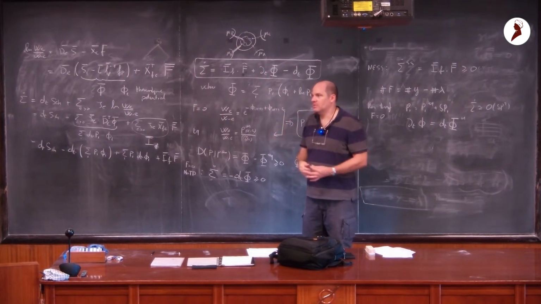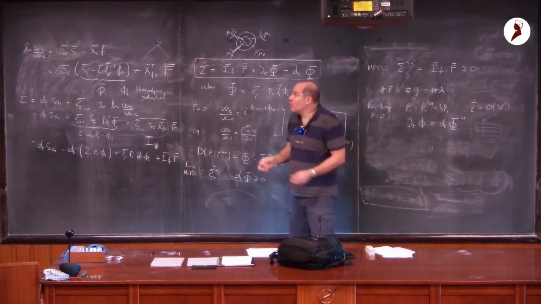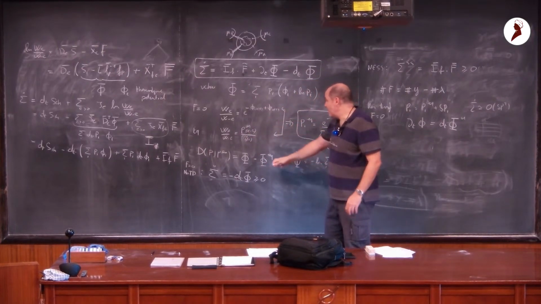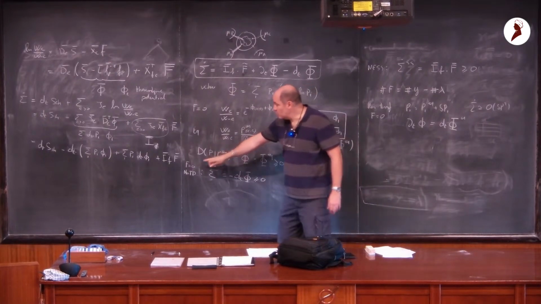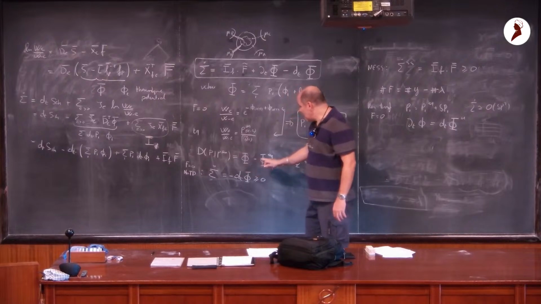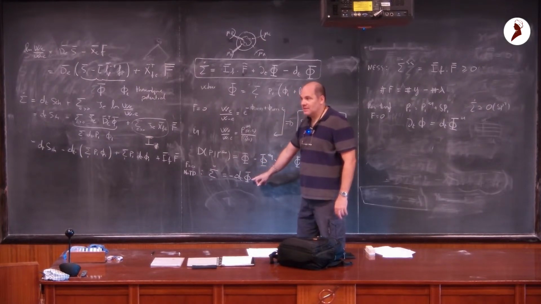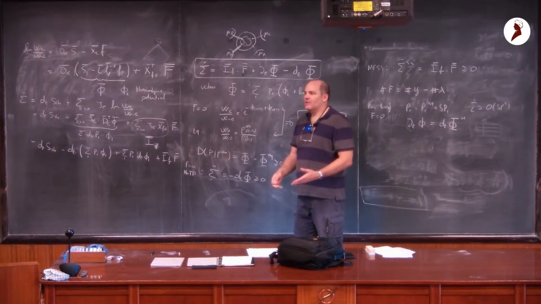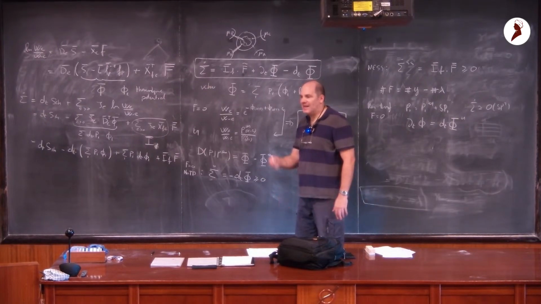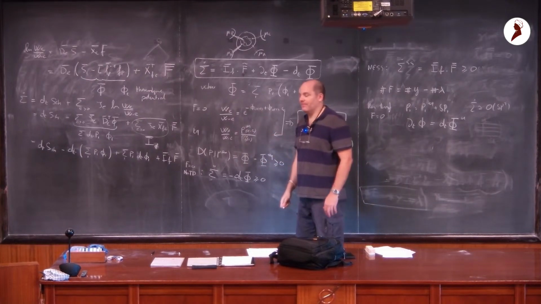But it's also very nice to see that the dynamics with F equal to 0 is actually extremizing the right thermodynamic potential. You know, when you go from canonical to grand canonical, you add mu n to the probability distribution.